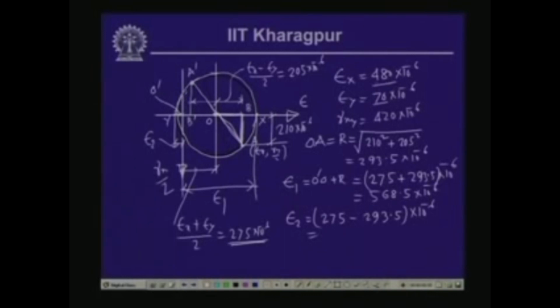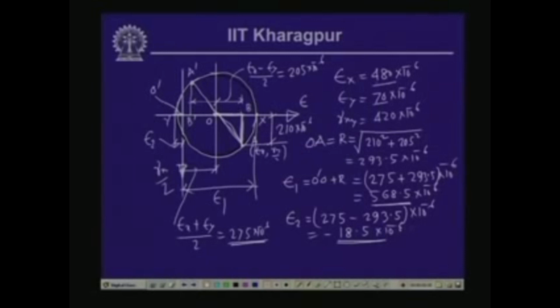That is why the end of the circle has gone beyond the 0 point, and this is equal to minus 18.5 into 10 to the power minus 6. So, this is the maximum principal strain and this is the minimum normal strain or the principal strain.